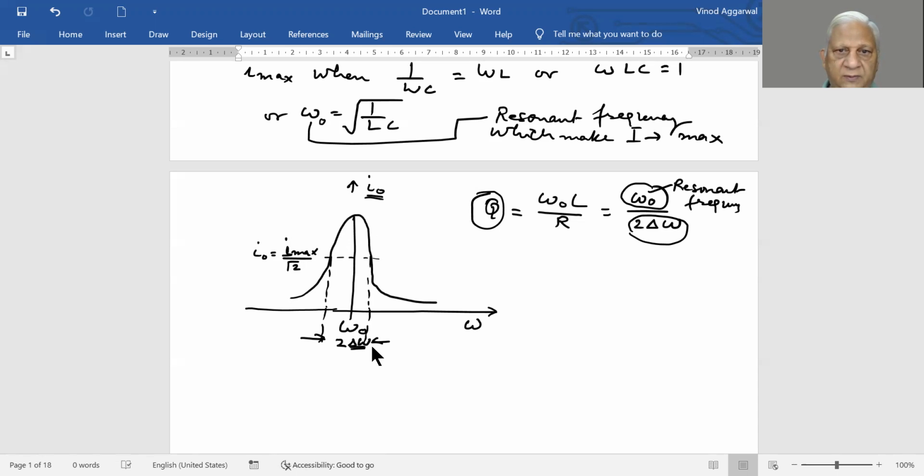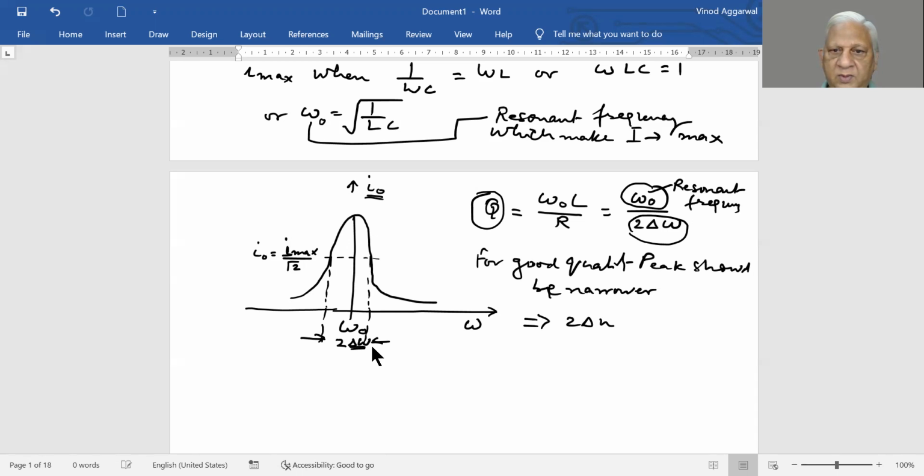So our aim is to get, for good quality, peak should be narrower, which means 2 delta omega should be low, because it is in the denominator.